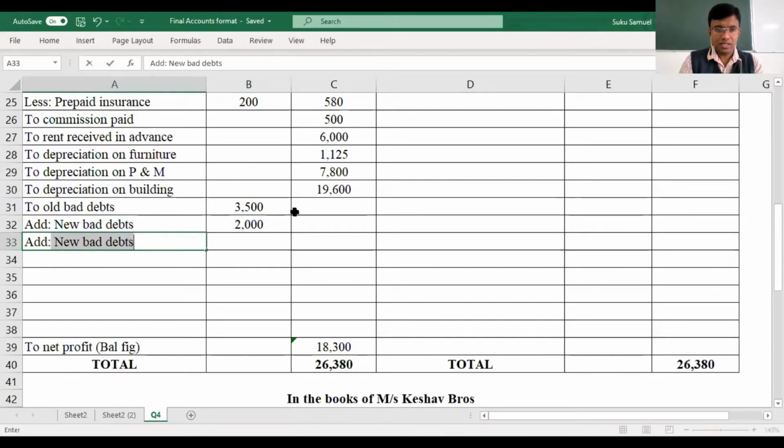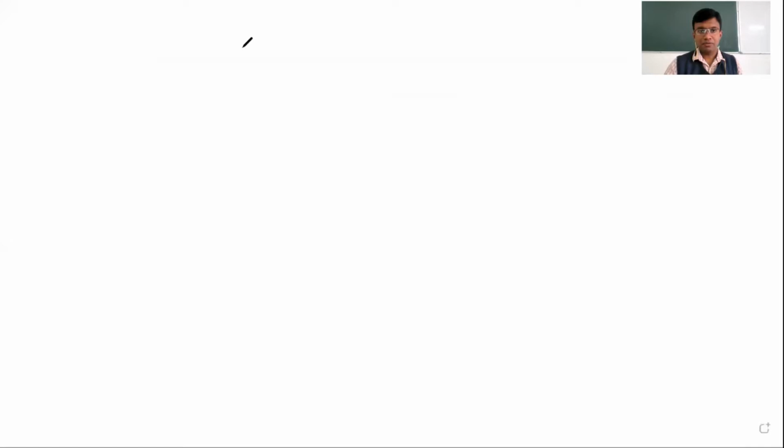Then we have to add new reserve, or new provision, for bad debts. Please remember we have to create that at 5% of debtors.